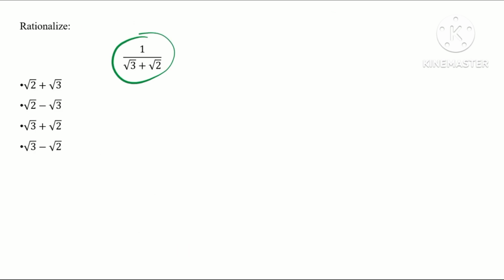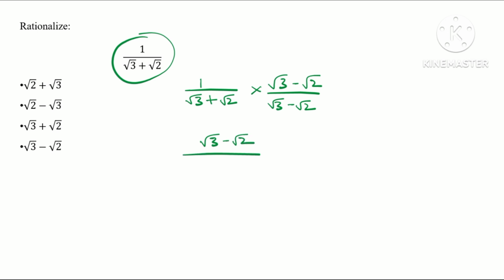So let's rationalize this. 1 by root 3 plus root 2, into root 3 minus root 2 by root 3 minus root 2. Root 3 minus root 2 by, it is root 3 plus root 2 into root 3 minus root 2.